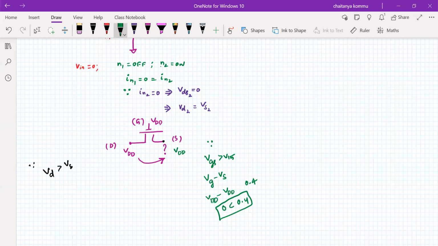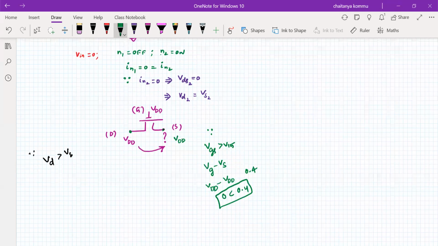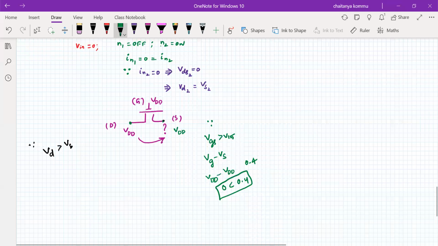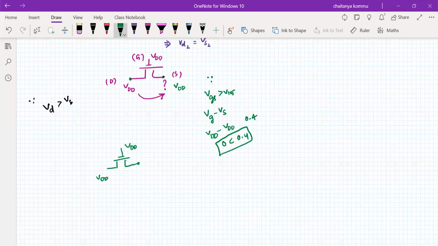So whatever potential we apply at this point cannot reach this side. VDD cannot. Whenever the gate is at VDD and one side is VDD, we cannot get VDD on the other side.